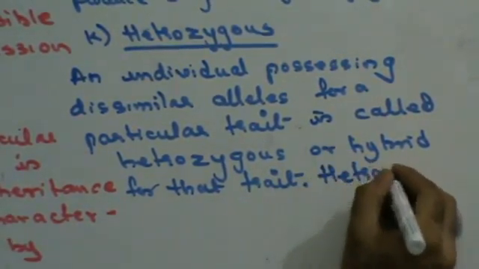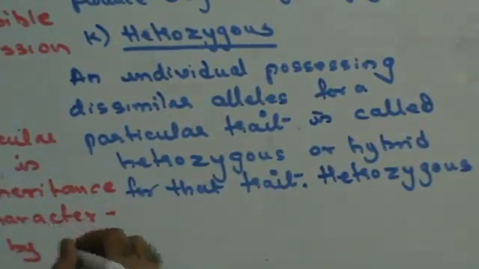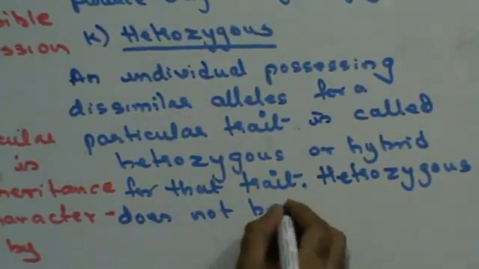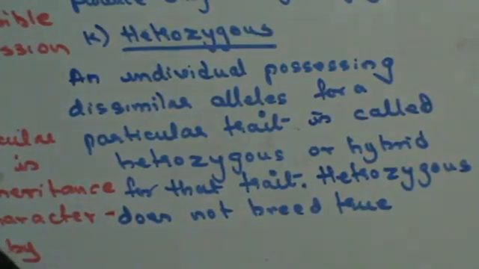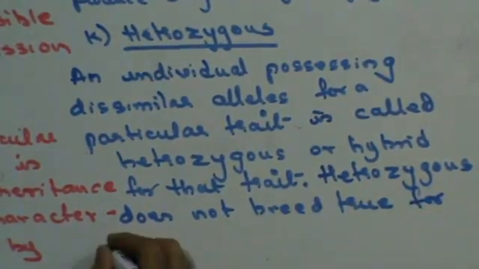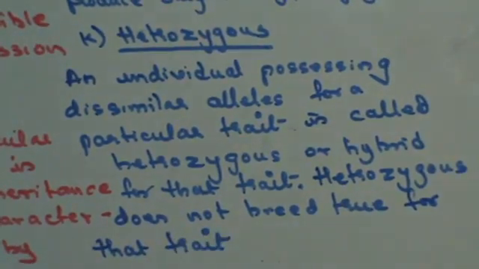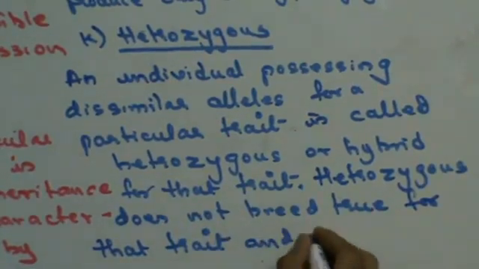Heterozygous does not breed true for that trait and produces two types of gametes.